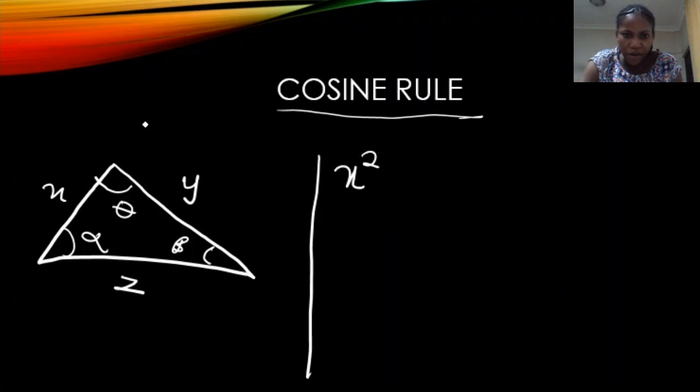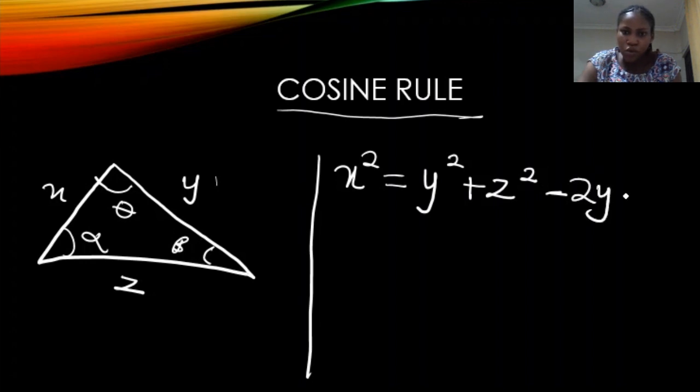The square of a side of the triangle will be equal to the sum of the squares of the other two sides. So that will be y squared plus z squared, then minus twice the product of the other two sides, so 2yz, then cos of the angle between the other two sides.